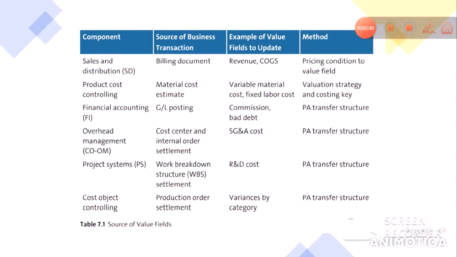Project systems: work breakdown structure settlement, R&D cost, PA transfer structure. Cost object controlling: production order settlement, variances by category, PA transfer structure. So these are the source of value fields. So billing document, material cost estimate for product.